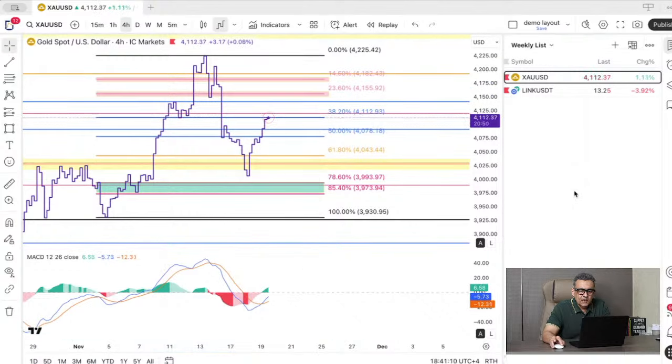So we need to see how gold reacts to the level of 4155 and 4182. Maybe a drop from these levels to complete one more leg of retracement and then continuation higher.